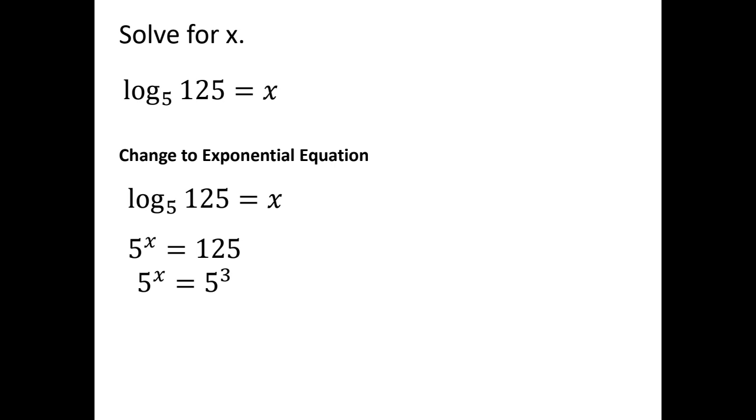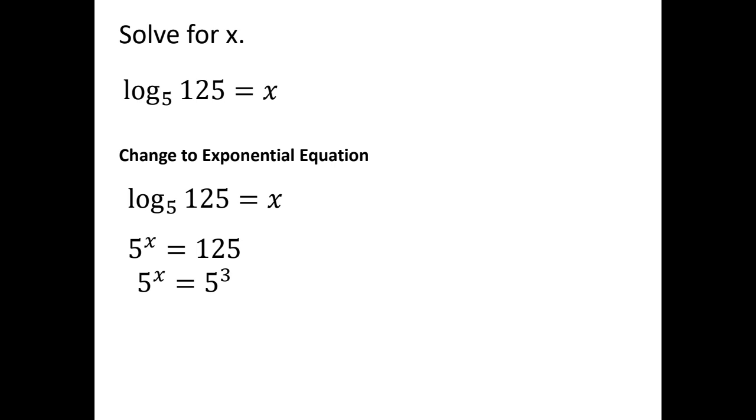Since this number ends with 5, I would divide by 5, and I would divide by 5 until I have only prime numbers. So 5 will divide into 125 25 times, and then 25 will divide into 5 another 5 times. So 5 times 5 times 5 gives me 125.